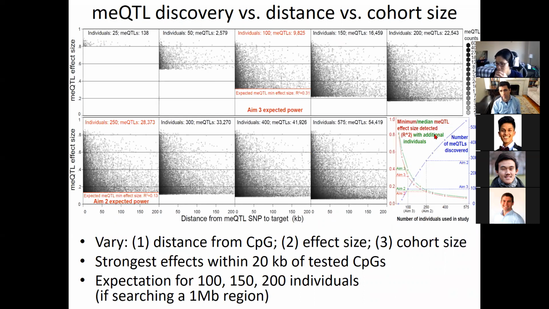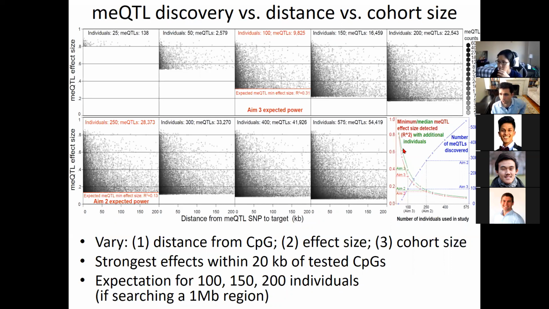So it's just a question of power. So these methylation QTLs are increasing and increasing, but down here with 100 individuals, I can discover QTLs that have a 40% effect size. And then out here, I can discover with 250 individuals down to 20% effect size, and out here down to 10% effect size, and so on and so forth.